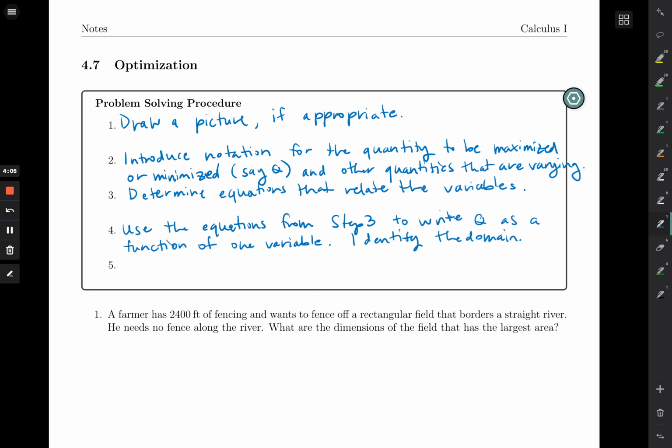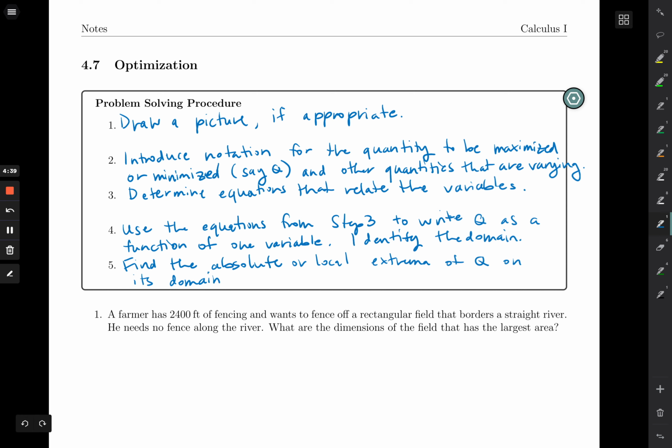And then the last step is to find the absolute extrema. And so you'll just go through the steps that you already know for finding extrema, absolute or local, depending on the domain, of Q, that thing that you want to maximize or minimize on its domain.